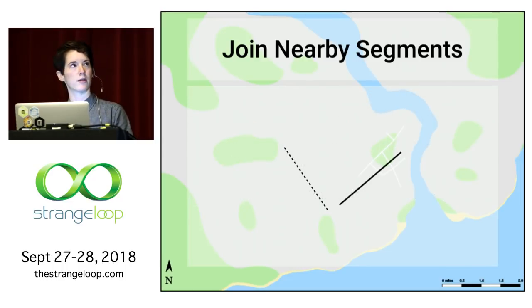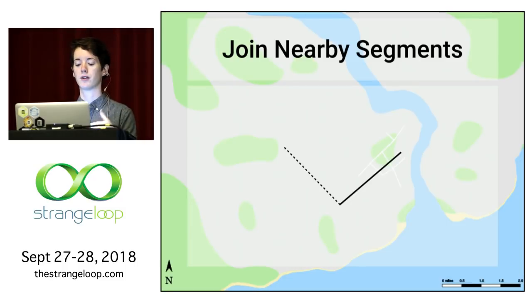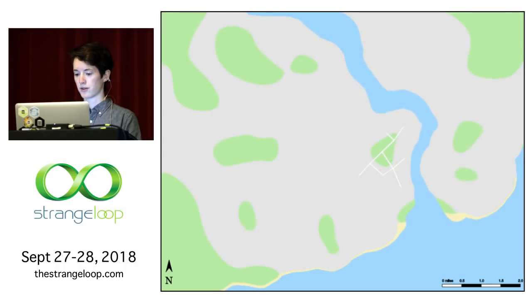So as a little bigger example, let's say the dotted one is our proposed segment, and the solid line is our existing segment. It checks they're in the same radius, so it just moves our proposed segment to connect to the existing one. And this is really, really important, because without this, you just end up with this labyrinth of dead ends, and no streets ever connect to each other, and it's not terribly traversable as a road network. So that's great. And then we just keep doing this.